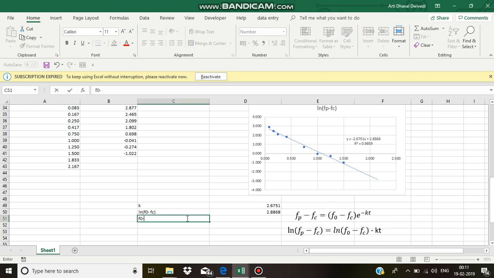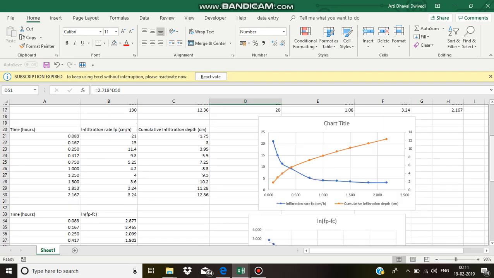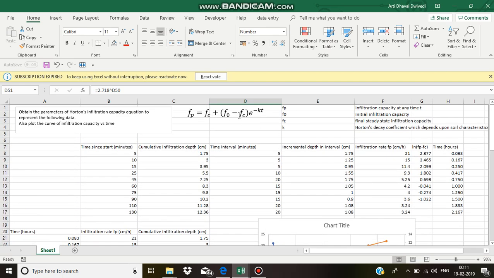So F0 minus Fc will be equal to, taking the antilog, so 2.718, which is the value of e, 2.718 raised to this value will give us the value of F0 minus Fc. F0 minus Fc is equal to 17.93. We obtain this F0 minus Fc.